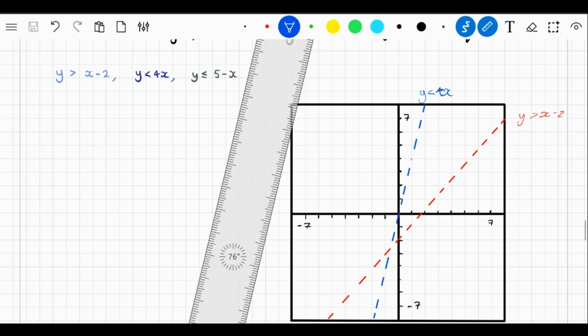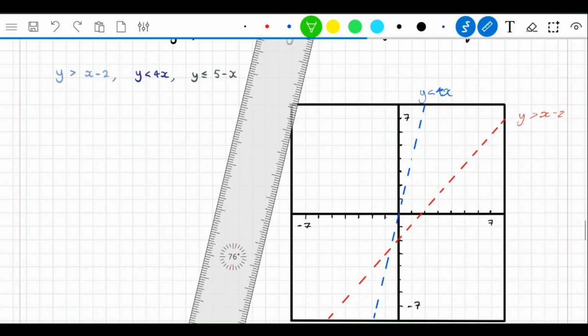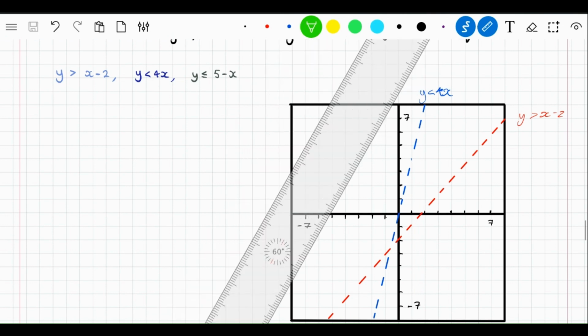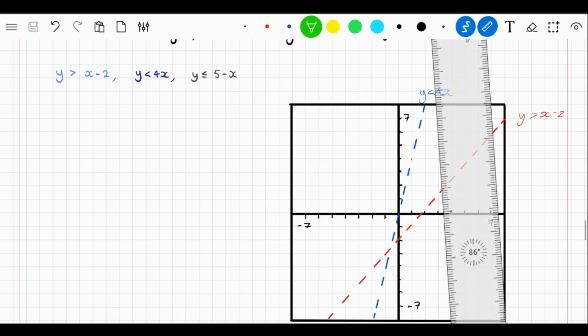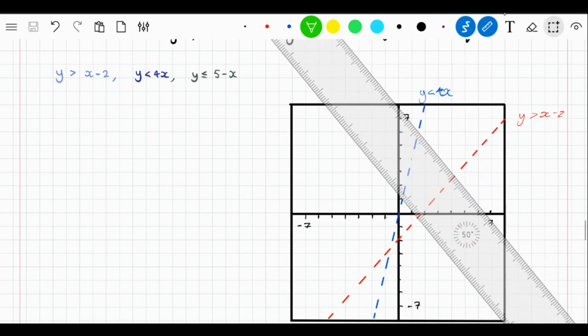Right, so this next one is y is less than or equal to 5 minus x. It's got a negative gradient, and it's also got the y-intercept of 5. So it's going to cross through 1, 2, 3, 4, 5, and it's going to have a negative gradient of 1.